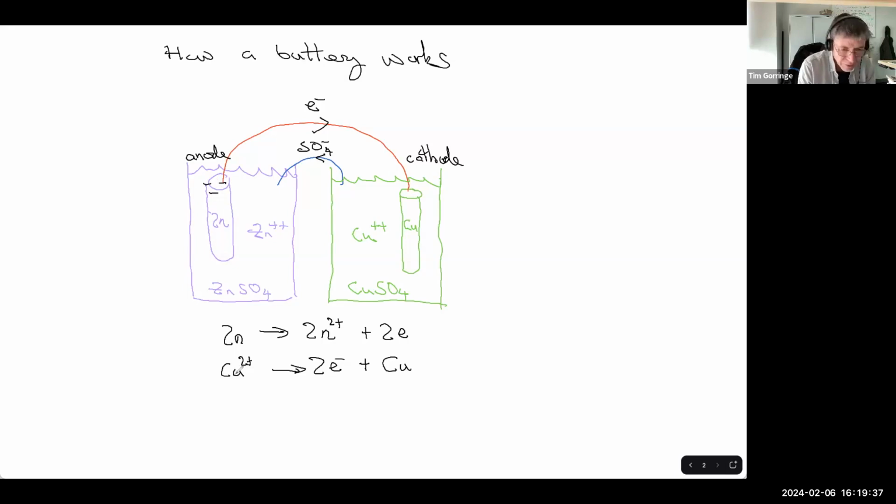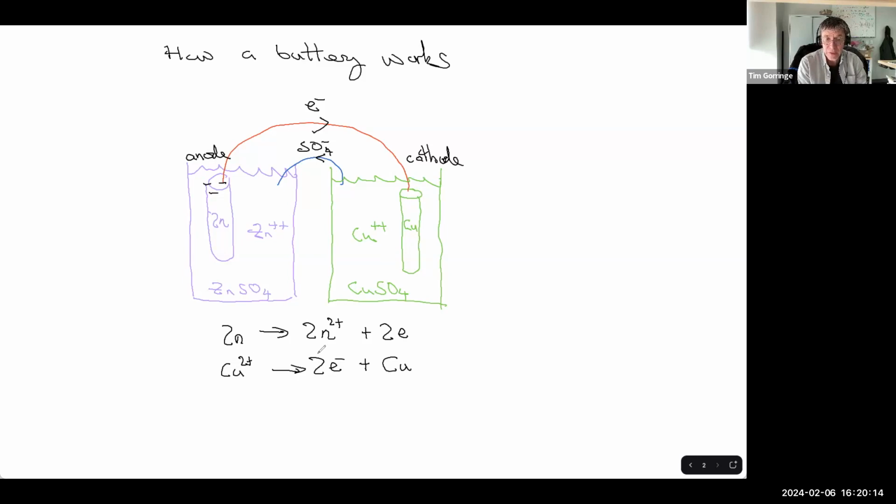The second reaction, that's involving the copper. If you look over here on the left-hand side of the reaction, these are actually the copper ions in the copper sulfate solution in the region of the copper electrode. So these copper ions are positively charged. They are ions, they're not neutral. And these copper ions are picking up electrons from the copper electrode here.